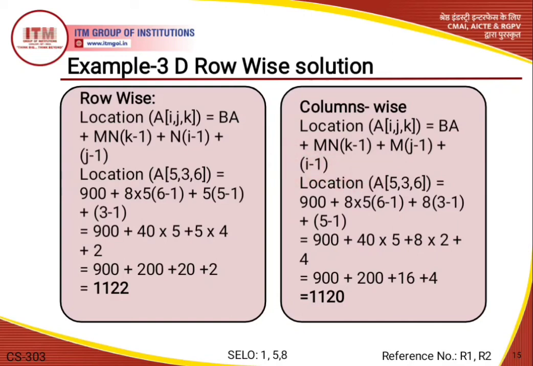Again we put all the values which we already found, and after putting the values and calculating, we got the answer as 1120. So, row-wise and column-wise, we are now able to find the location of an element of a three-dimensional array.